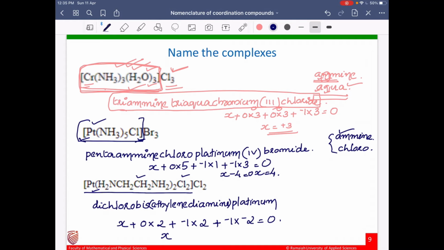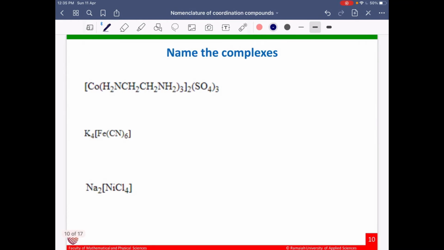So if I count, it will be X minus 2 equal to 0. So X equal to +4. So I have to write the oxidation state of platinum as 4. Then the anionic part is chloride. So we finished 3 examples.